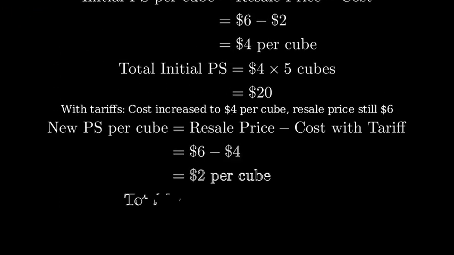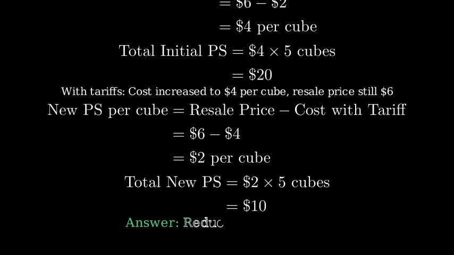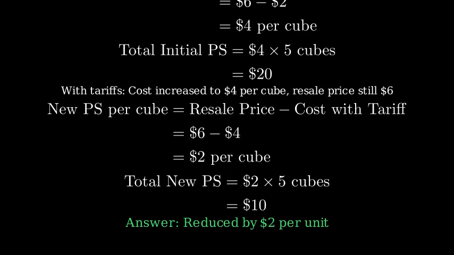Now Bill's producer surplus is $6 minus $4, which equals $2 per cube. For 5 cubes, that's a total of $10. So, the tariff reduced Bill's producer surplus by $2 per unit, or from $4 per cube to $2 per cube. The answer is reduced by $2 per unit.